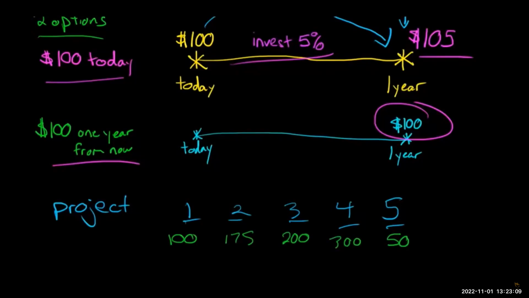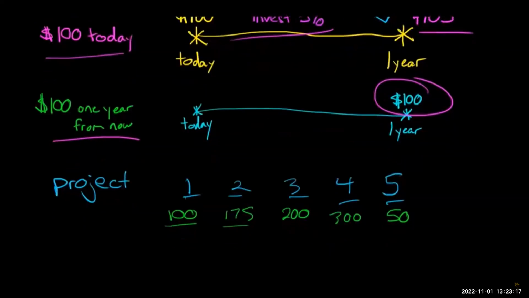Now we know we're estimating these cash flows, but what we want to do is, for example here in year 5, that $50, we can't just add all these together and say this is how much it's going to generate. We have to take into account that $50 5 years from now is not worth the same as $50 today.